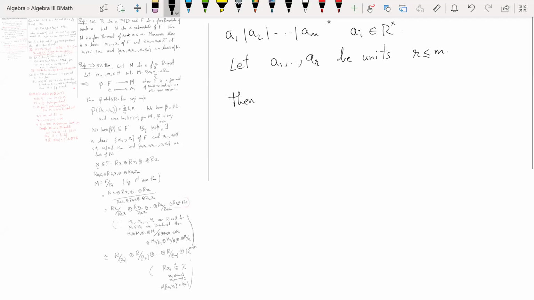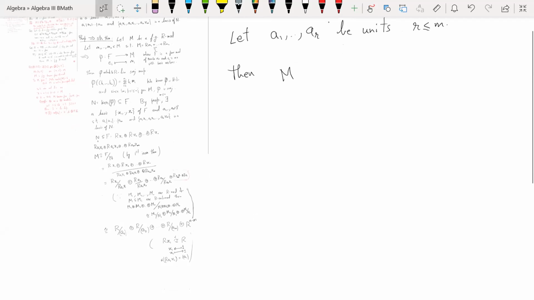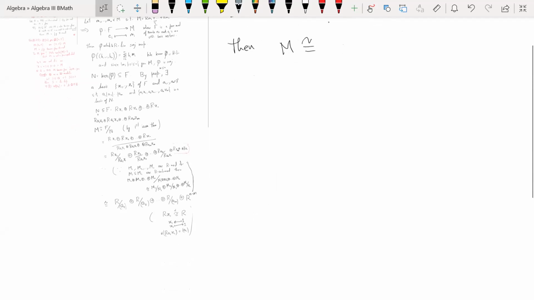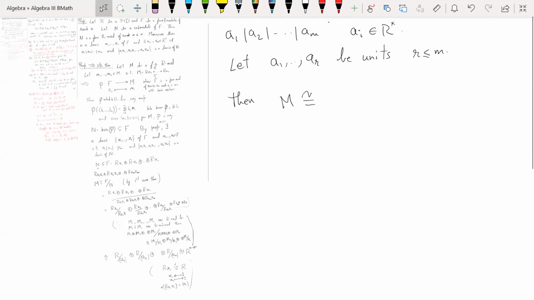So if A1 is a unit, what happens to R mod A1? It becomes the zero module. So the first R factors will go away. Then M becomes isomorphic to R mod AR plus 1 direct sum through R mod AM.